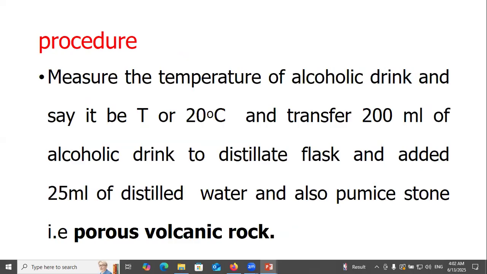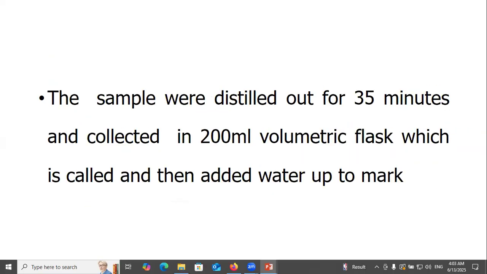Procedure: measure the temperature of the alcoholic drink, say T or 20 degrees Celsius, and transfer 200 ml of alcoholic drink to the distillation flask and add 25 ml of distilled water and also pumice stone, that is porous volcanic rock. The sample was distilled for 35 minutes and collected in a 200 ml volumetric flask, which is cold, and then water was added up to the mark.